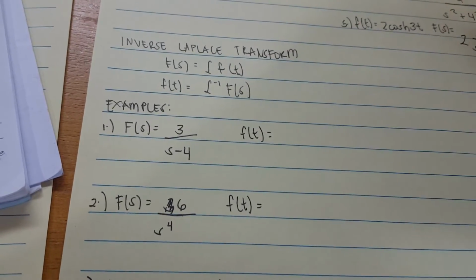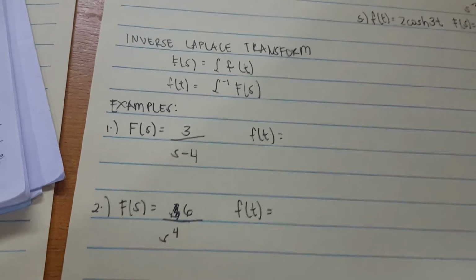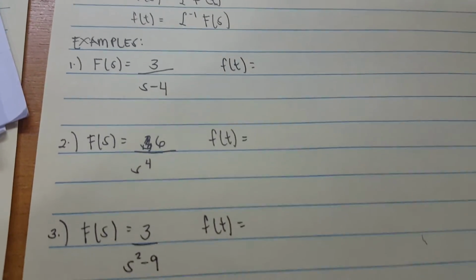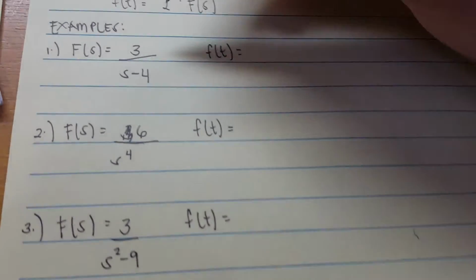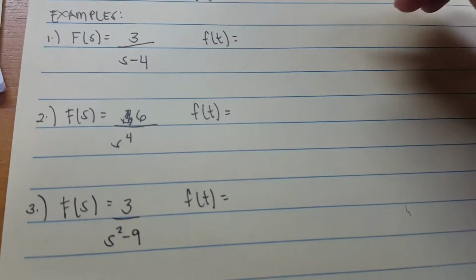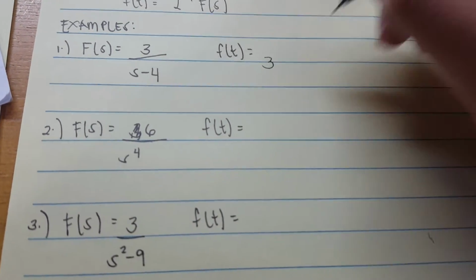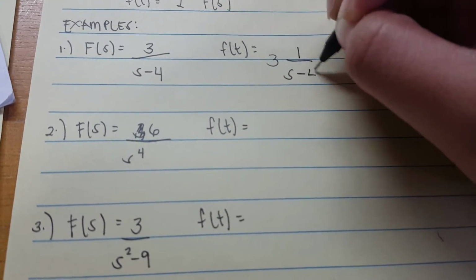F of s is equal to 3 over s minus 4. First, we are going to separate 3, the numerator, from the equation. f of t now is equal to 3 times 1 over s minus 4.